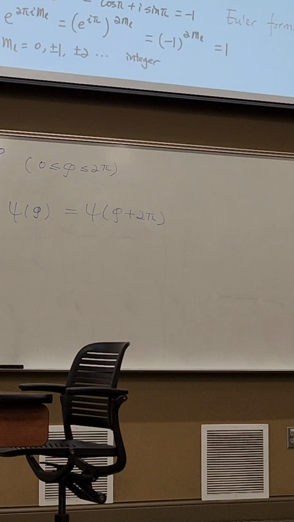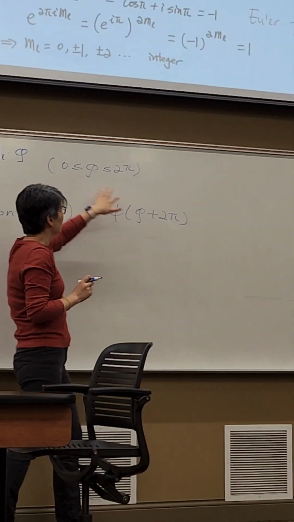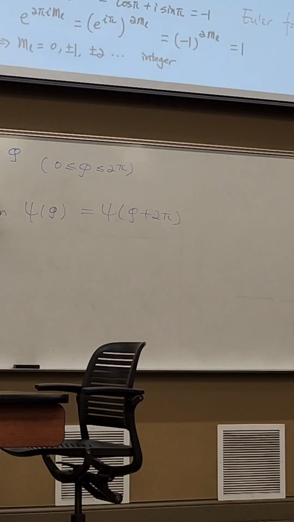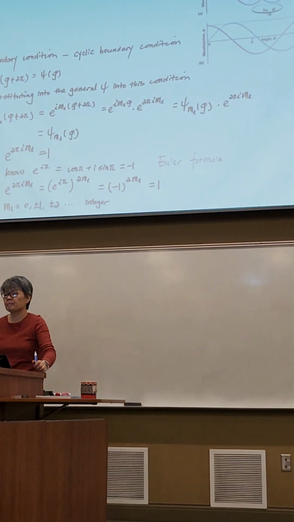So that is your boundary condition. In that case, we can substitute phi plus 2 pi into your wave function and set them equal, and that's what we ended with here.